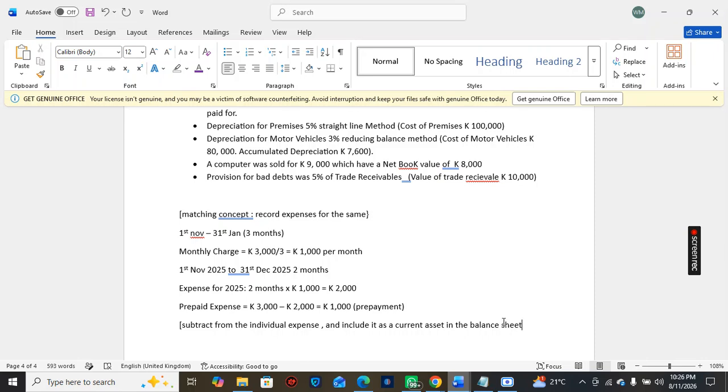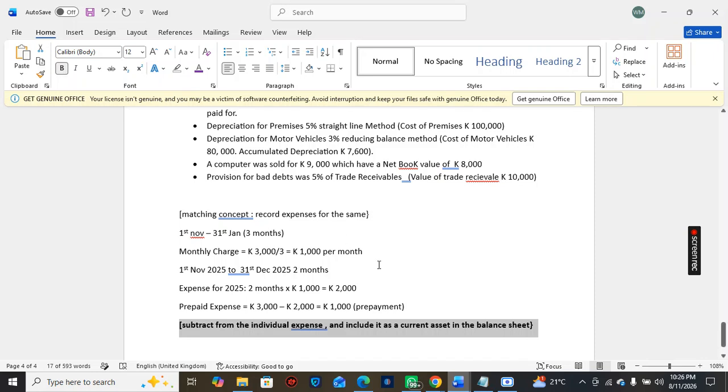Colleagues, remember this for prepayments: subtract the prepayment from the individual expense, and add it as a current asset in the balance sheet.